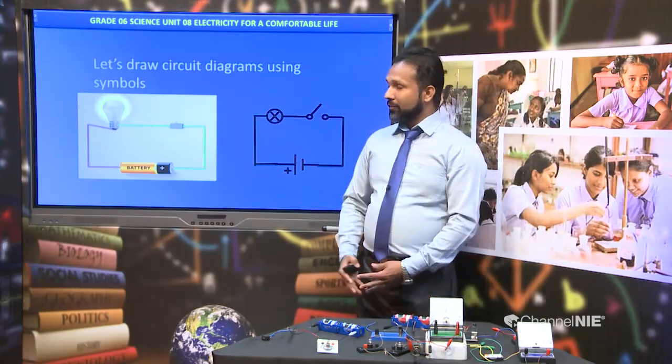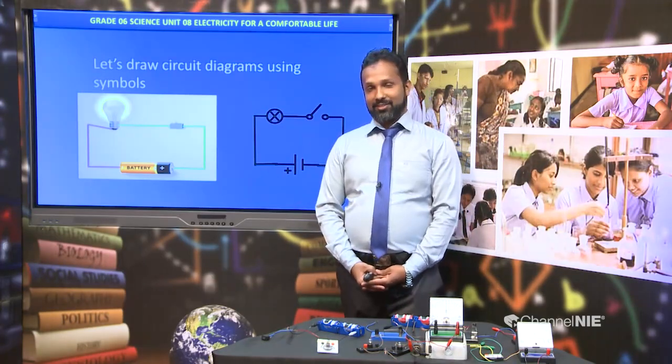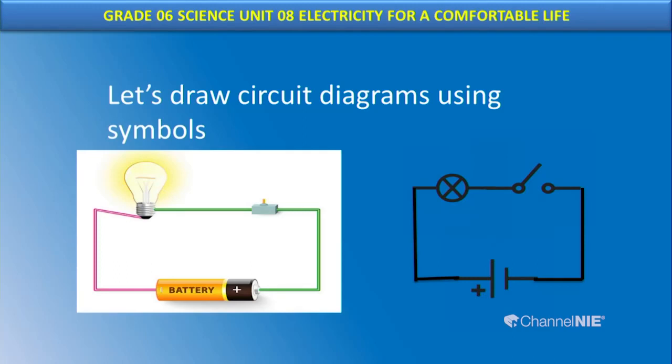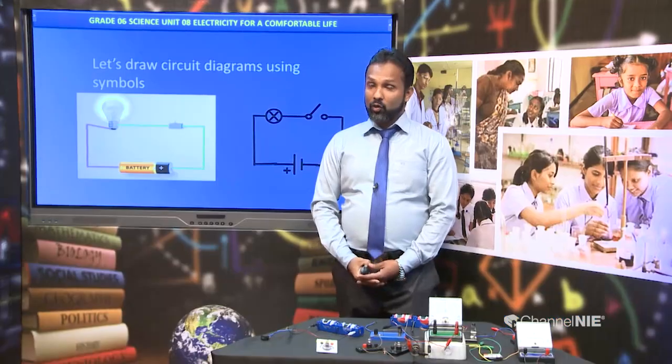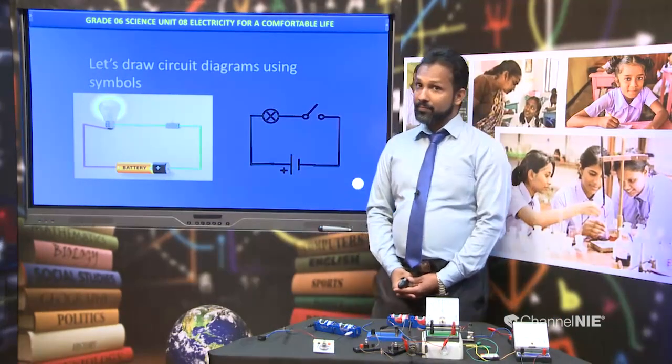I am going to give you a simple task. You have to draw the circuit diagram of the circuit given in this picture. This consists of a bulb, connecting wire, a dry cell, and a switch. Try to draw the circuit diagram.